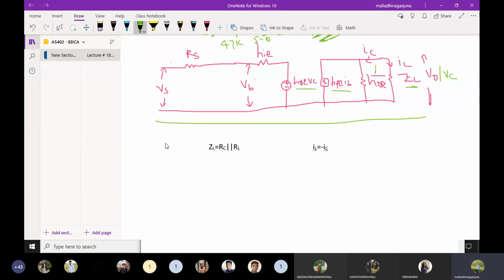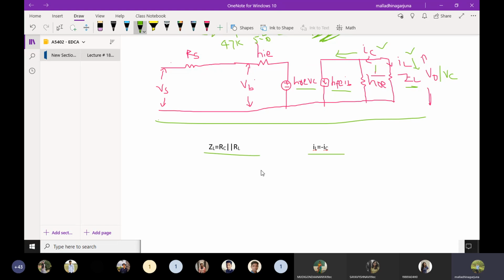Please note this down. Here I can show you that IC and IL are both in opposite directions. IC is going this way, IL is going this way. So both are opposite, so IL is equal to minus IC. Where ZL is equal to RC parallel to RL, that we know.